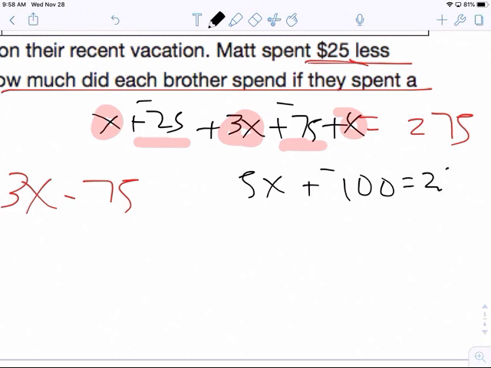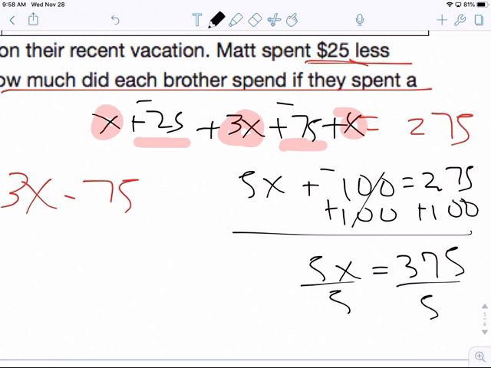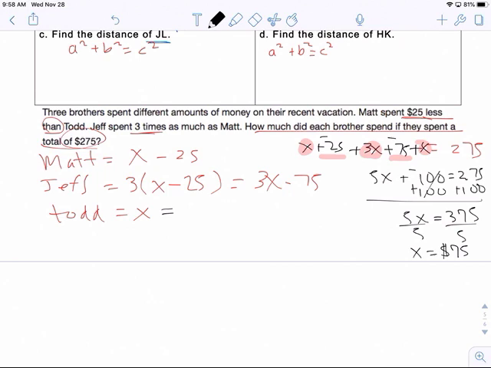Equals 275, so add 100, add 100. You got 5x equals 375, divide by 5. You get $75. So Todd spent $75. How do I know it belongs to Todd? Because Todd is X.